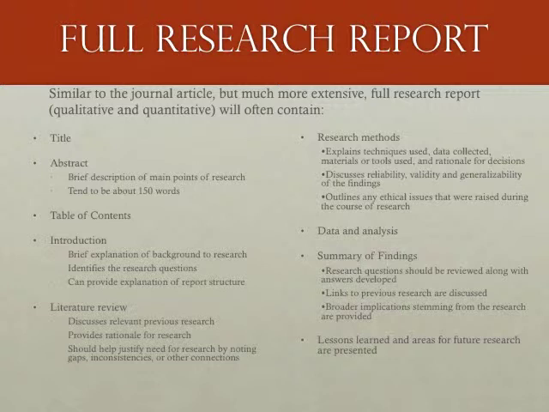This is just a very rough look at some of the categories that you would probably have within your report, including your title, of course, abstract, table of contents, introduction on what your problem or your issue or your research question is, a good solid literature review about your topic, but also in that literature review, or at a minimum in your research methods section, you need to be talking about not just your topic, but also some basis behind the methods that you've chosen to use for your research.